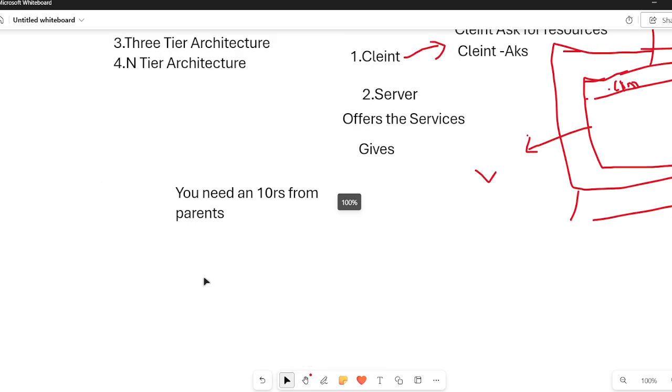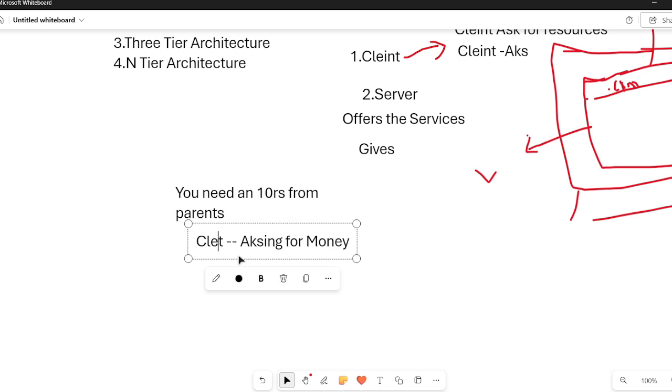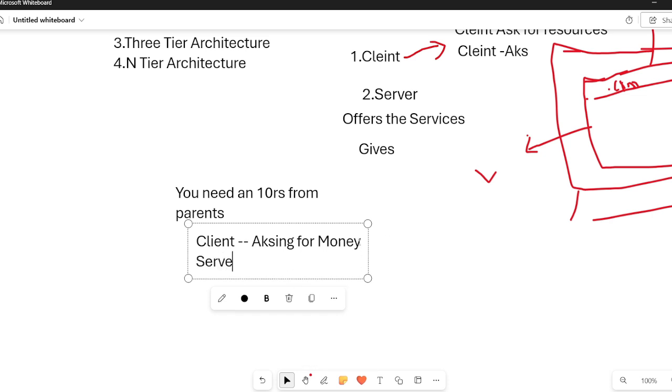That's the analogy, so don't take it too literally. The client is the one who is asking for money, and the server is the one who is giving money.